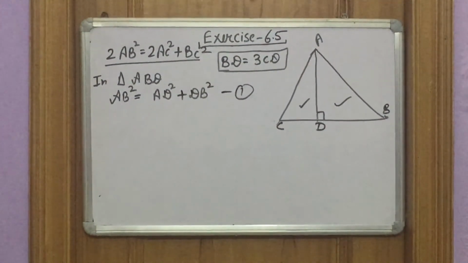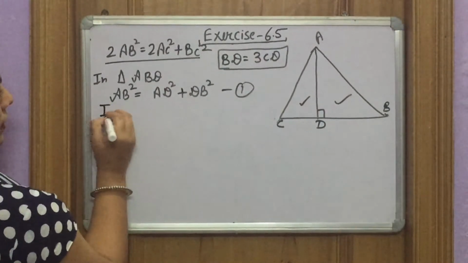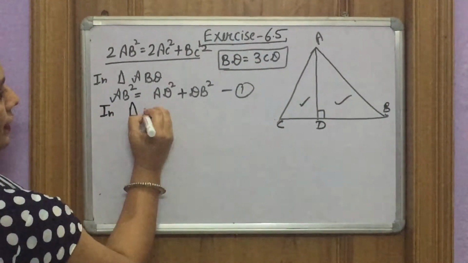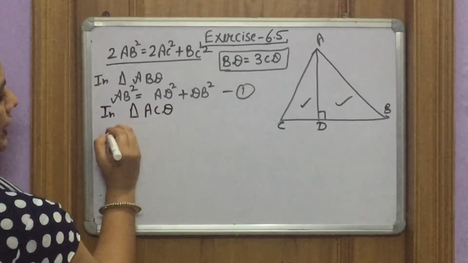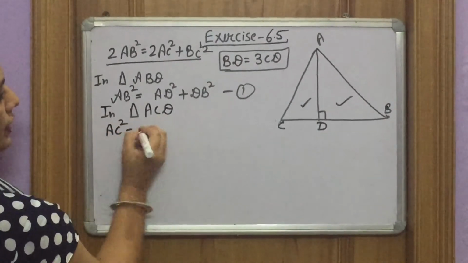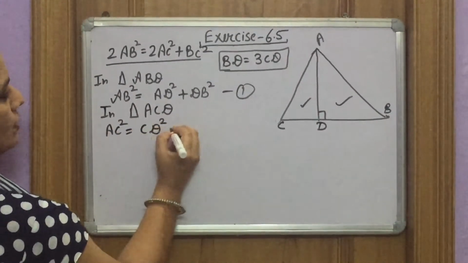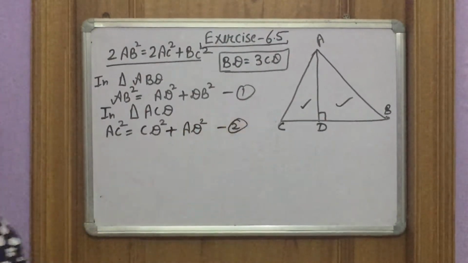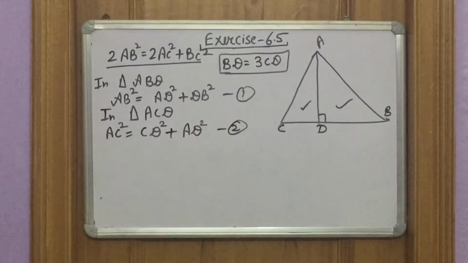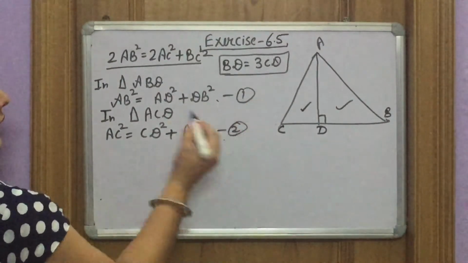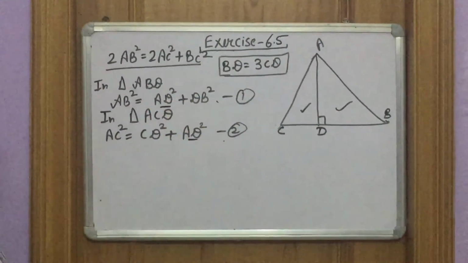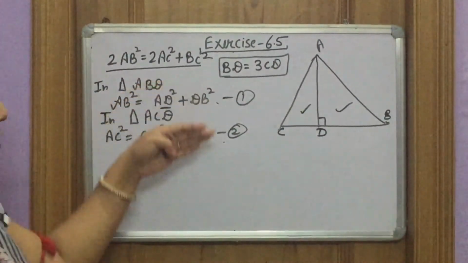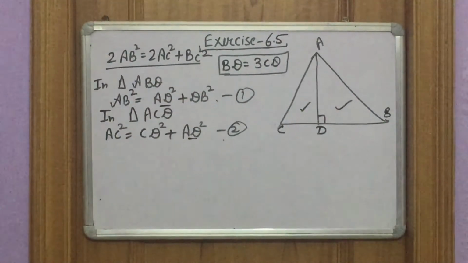Similarly, in the second triangle ACD, we can say AC square is equal to CD square plus AD square. So this is our second equation. In both of the equations, AD is common. So when we subtract these two equations, AD will be cancelled out.